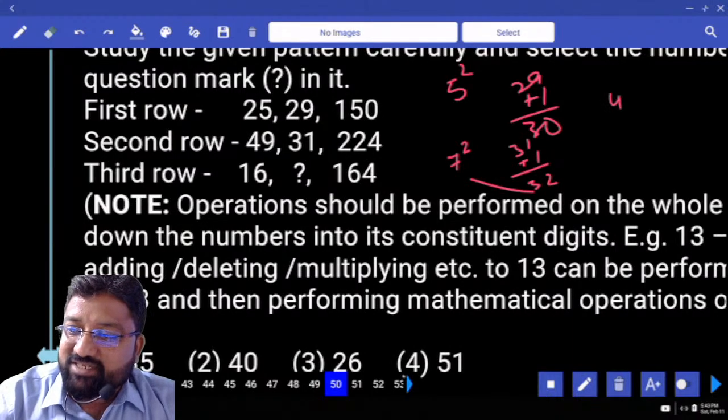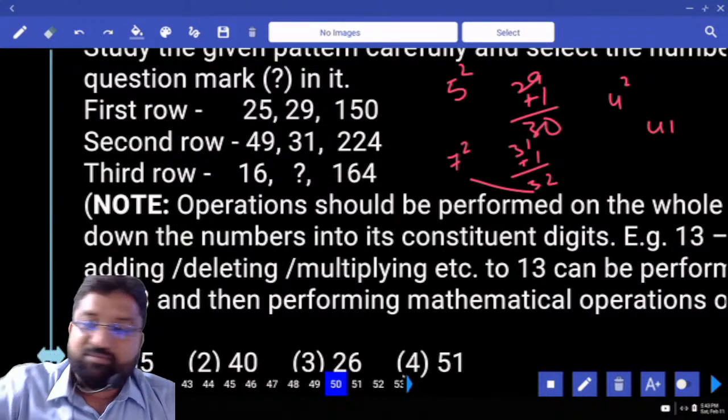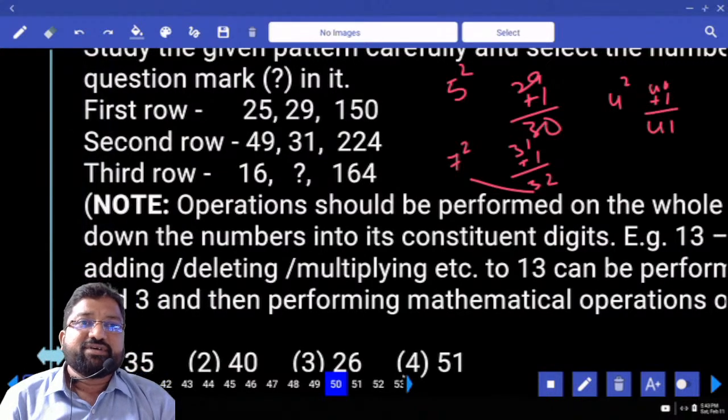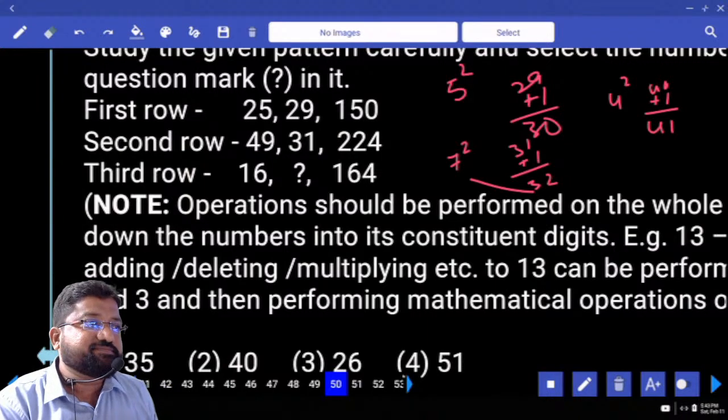Similarly, 16 is nothing but 4 square. 4 square into 41 is 160. 4 into 41 is 164. But I need to take only 40 here because 40 plus 1 becomes 41. So what is my answer? 40. Any doubts here? Come on.